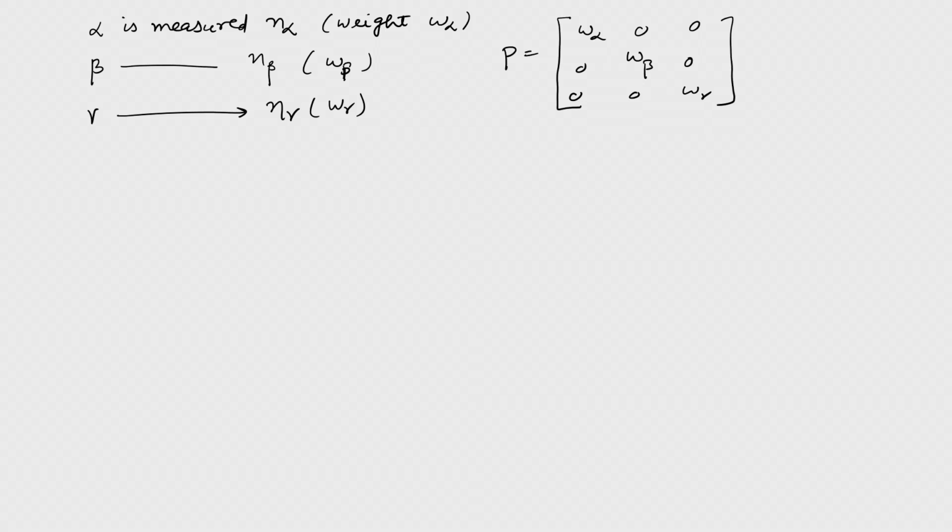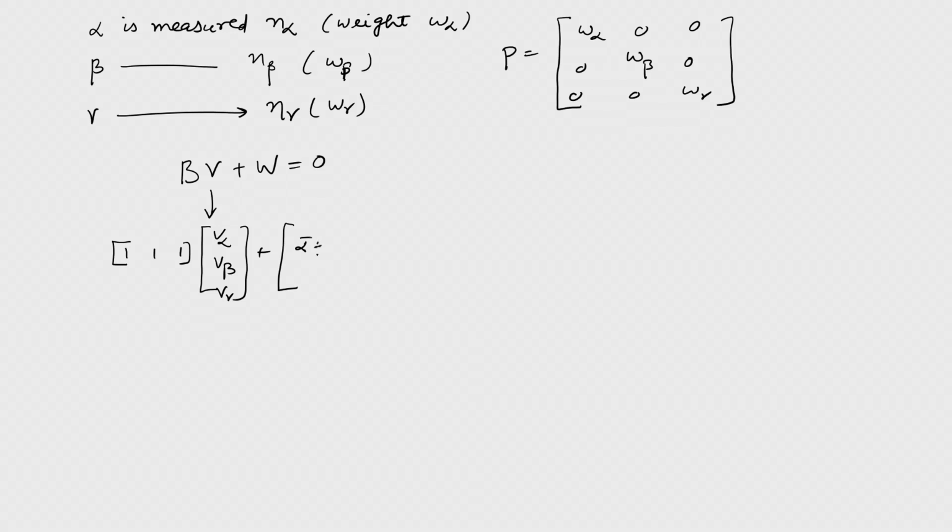Well, I have solved the BV plus W form. In this BV plus W form, the V matrix is nothing but V alpha, V beta, V gamma, and the B matrix is 1 1 1, plus W, which is alpha bar plus beta bar plus gamma bar minus 180 degrees, equal to 0. Okay.